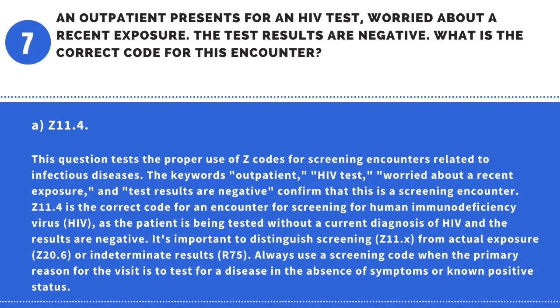It's important to distinguish screening Z11.X from actual exposure, Z20, or indeterminate results, R75. Always use a screening code when the primary reason for the visit is to test for a disease in the absence of symptoms or known positive status.